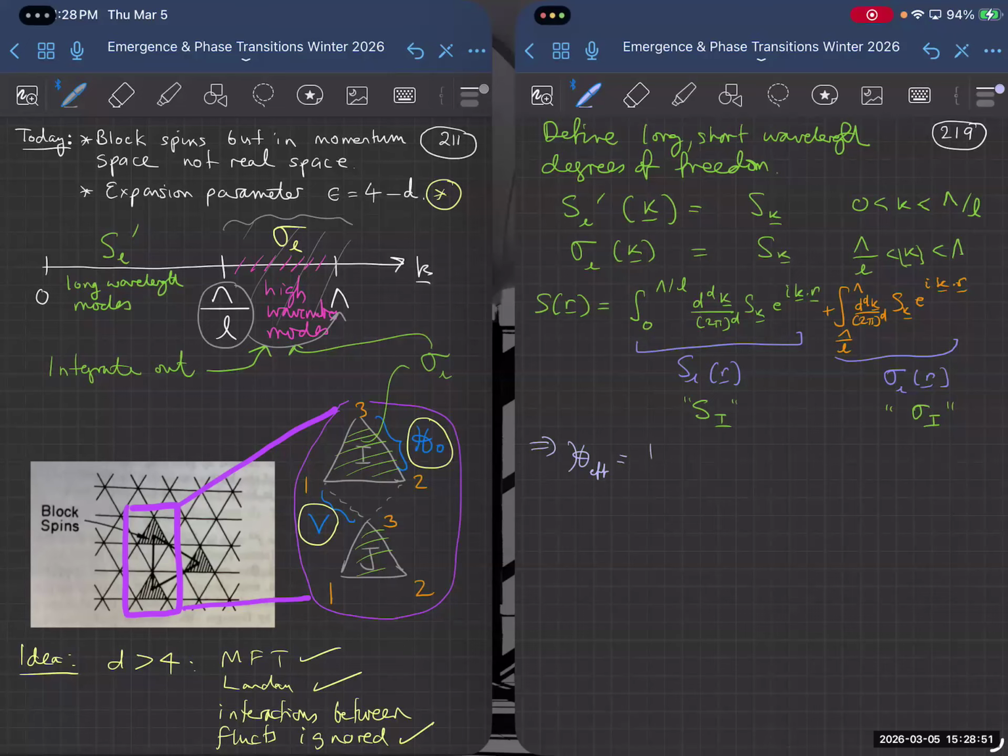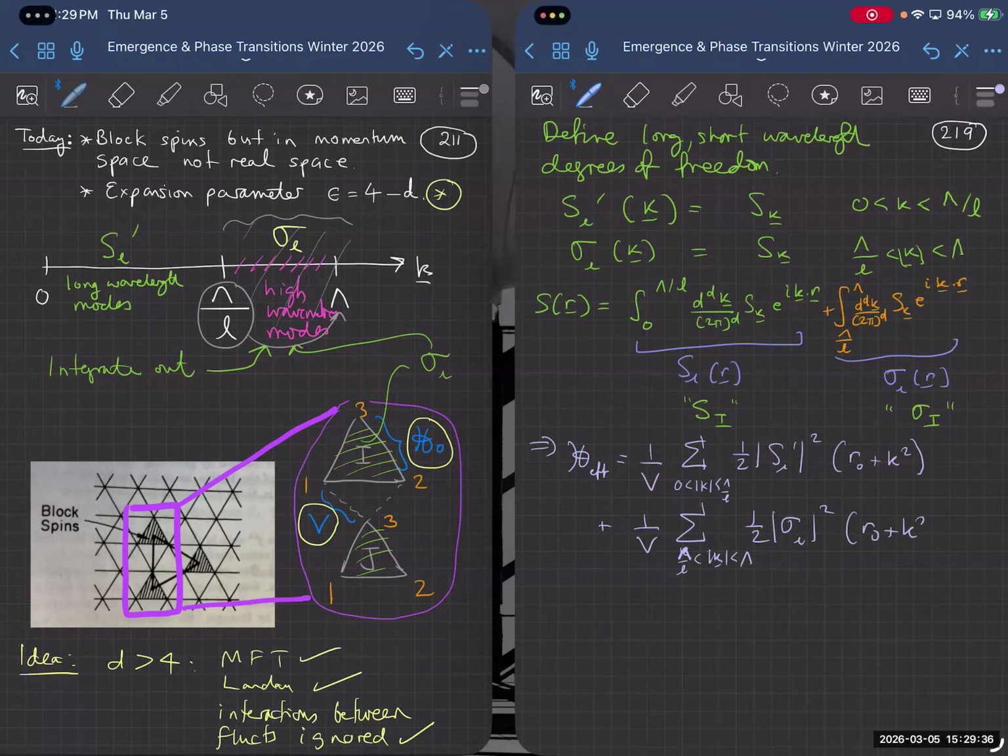If I do the Fourier transform, it looks like this: 1 over V, sum over 0 less than k less than lambda over L, 1/2 S_L prime squared times (r_0 plus k squared), plus 1 over V, the sum over lambda over L less than k less than lambda, and then 1/2 sigma_L squared times (r_0 plus k squared).